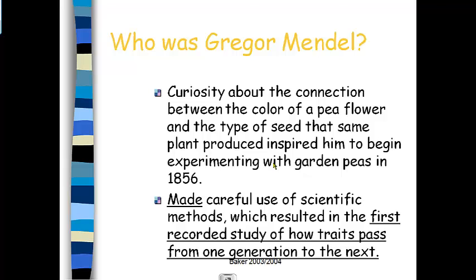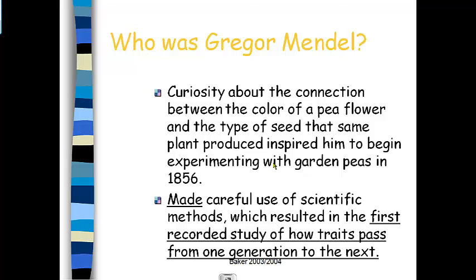And what he did was he studied pea plants. He studied the flowers of pea plants. And he noticed that some pea plants had white flowers and some had red. And what he noticed was when he would breed a pea plant with white flowers with a pea plant that had red flowers, he would get all different types of offspring with all different types of flowers. Some of the flowers of the offspring he found would be white. Some would be red.